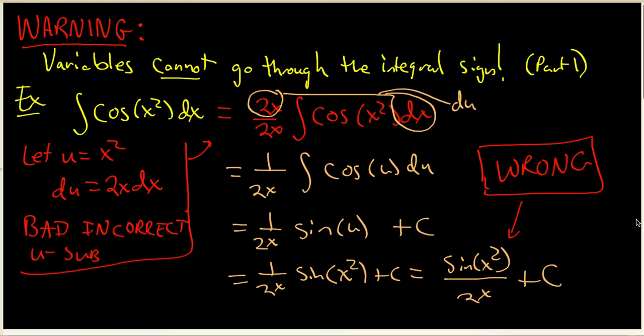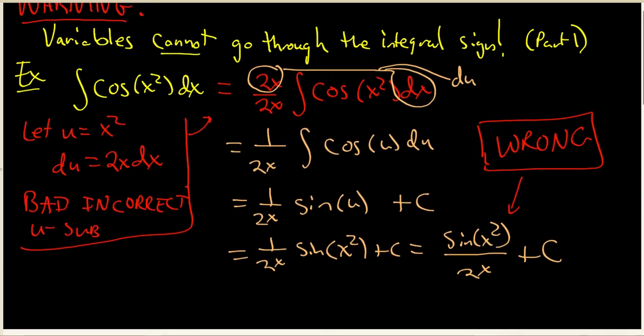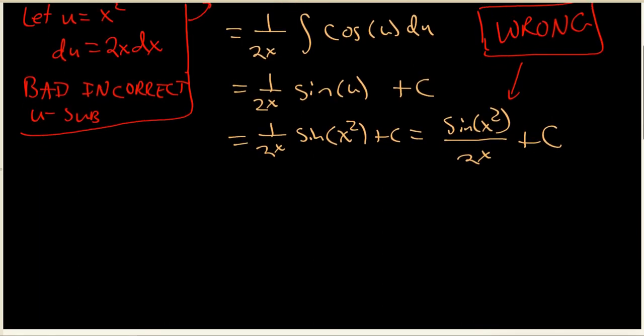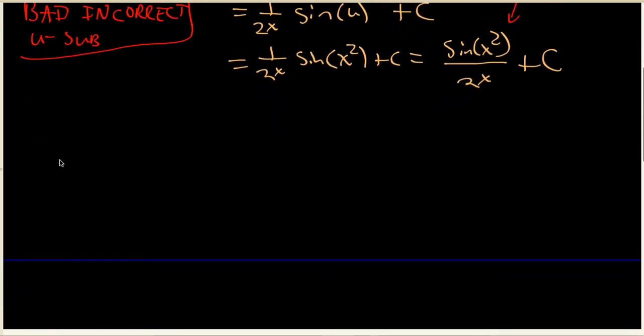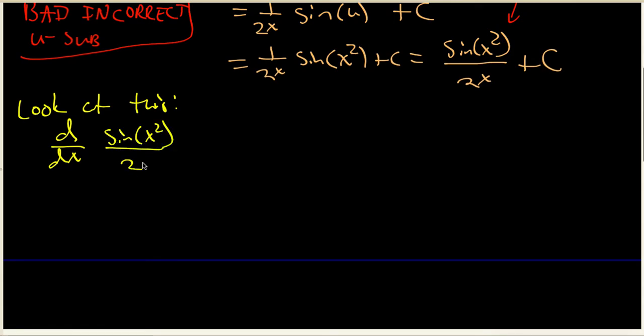And we can show that it's wrong by differentiating the answer and seeing what we get. So let's look at this. Actually, let me change it to a different color here. If I try to take the derivative of our answer, which is sine of x squared over 2x, I have to use the quotient rule.